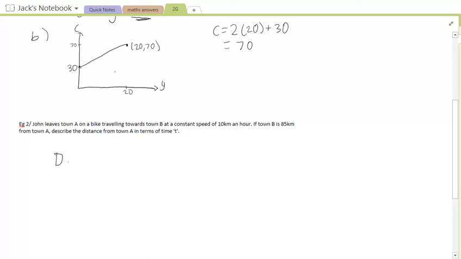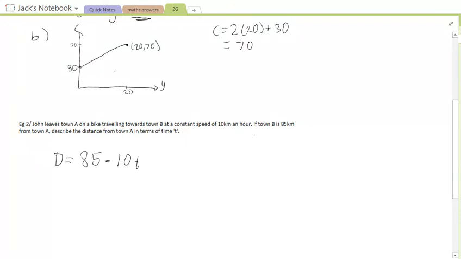So d would be our dependent variable, and we know the distance from town A at the start would be 85 kilometers, and then for every hour he would travel 10 kilometers closer to town B. So 10 for every t. Okay? That's how you do that one.